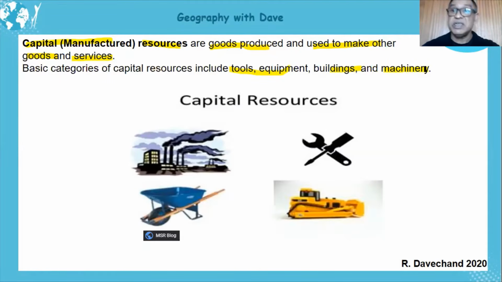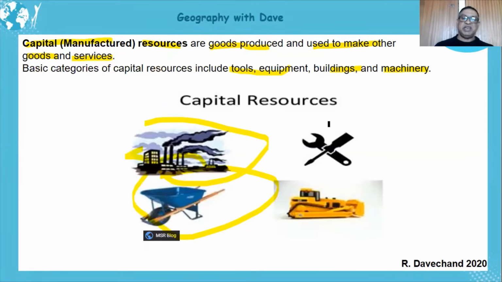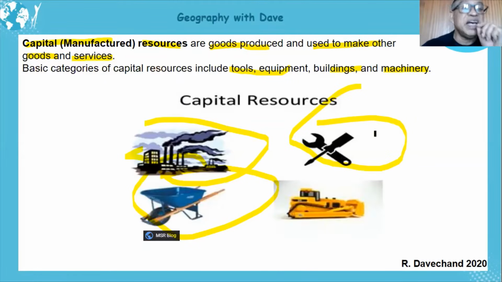This is produced, like your machines that operate in an industry, but they're an important resource because without those machines, your production is going to be limited. Those machines help you produce those cars, etc. Can you see it here? It's the buildings and even the wheelbarrow we put here too. The tools, all those things are the capital resource.